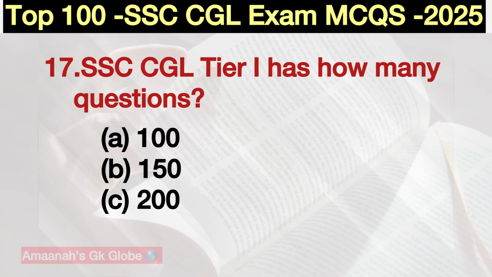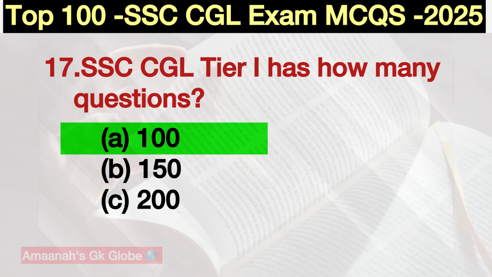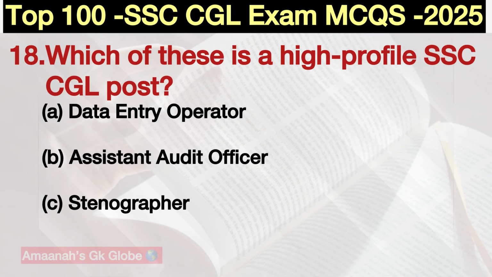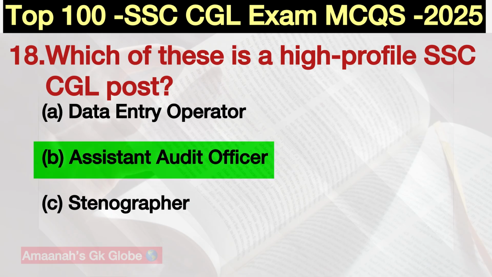SSC CGL tier 1 has how many questions? The correct answer is option A, 100. Question number 18. Which of these is a high profile SSC CGL post? Right answer is Assistant Audit Officer.